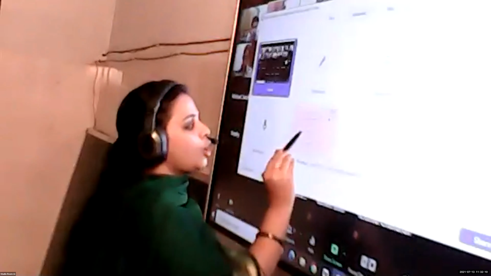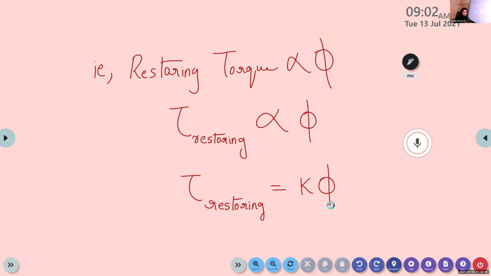Now here we have two torques present. The first one is due to the rotational motion of the rectangular coil inside the uniform magnetic field, which gives one expression for the torque: torque is equal to NIAB. But at the same time, the spiral spring produces another restoring torque, given by tau restoring is equal to K phi.